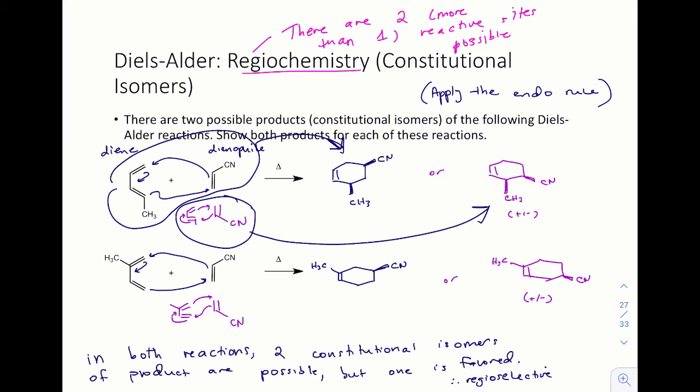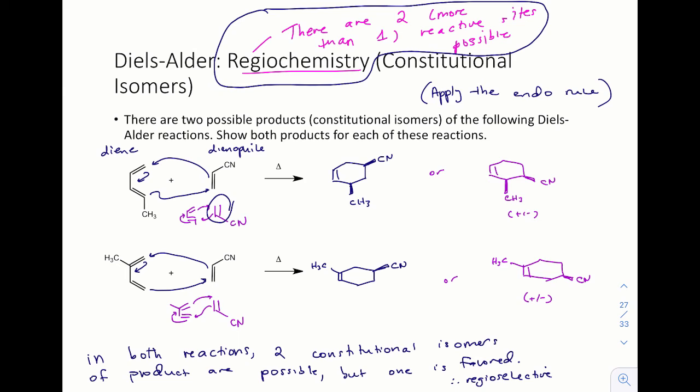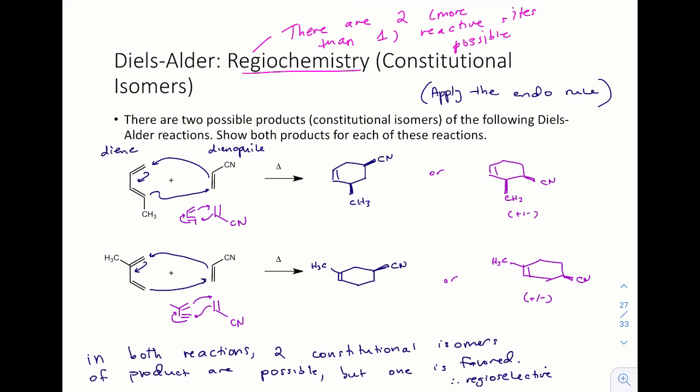Be sure that you understand how those two possibilities are different. This reaction is an example of when regiochemistry is important because there's more than one possible reactive site. There's more than one possible way that this molecule can react. It turns out that one of these ways is favored, but the two different ways result in two constitutional isomers of product.